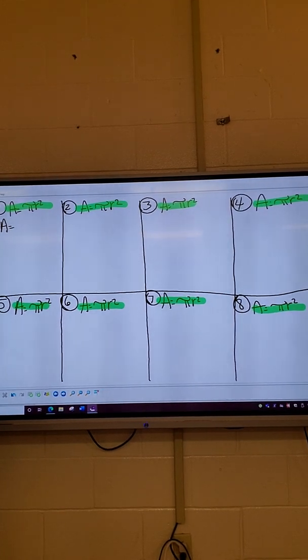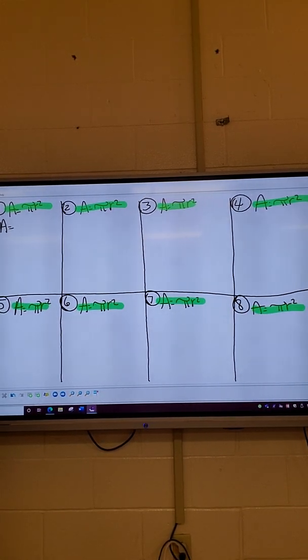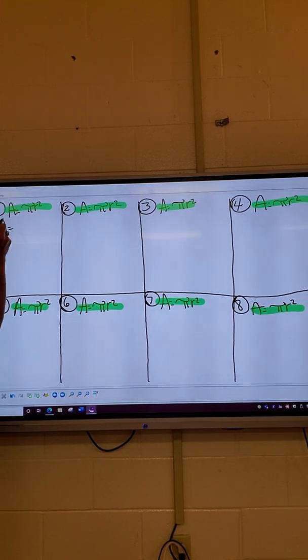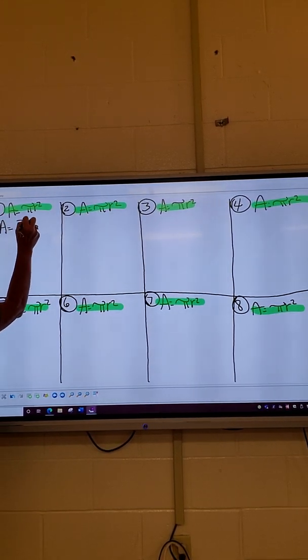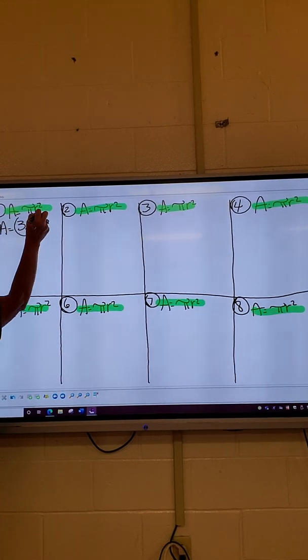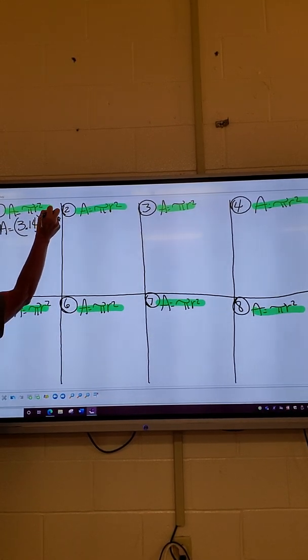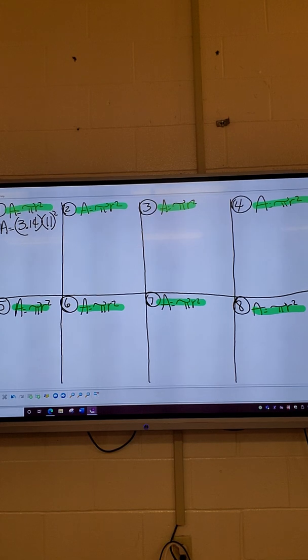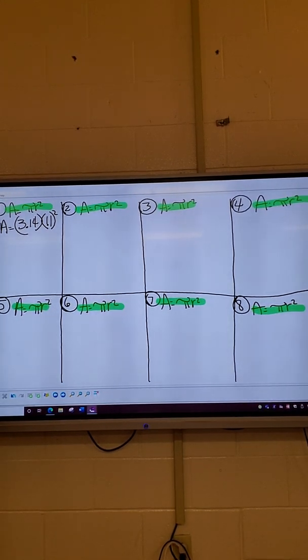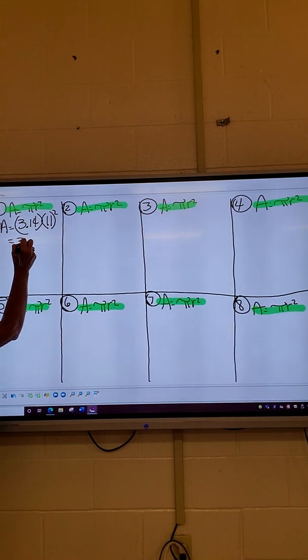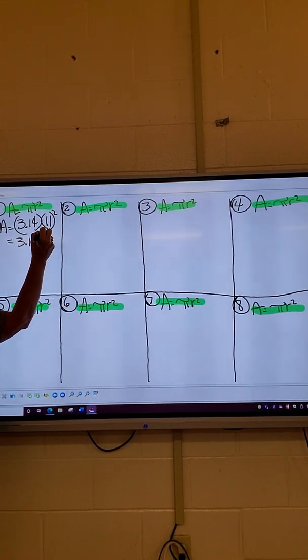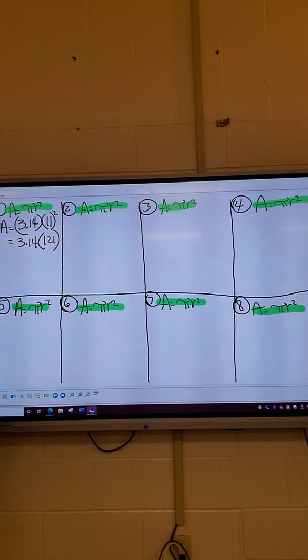We're going to just use 3.14 for pi today. We're not going to use the pi symbol on the calculator. We're going to put in 3.14 times 11 squared. So that's 3.14 times 121.